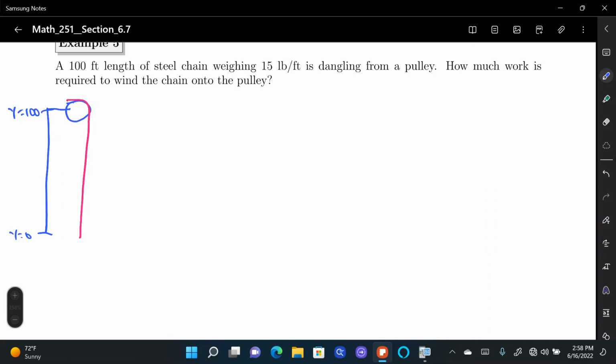And notice the situation. So what happens? When the chain is hanging all the way from the pulley, it has a weight. However, as we start pulling that chain, the chain gets smaller all the time, right? That means the hanging weight is getting smaller every time.